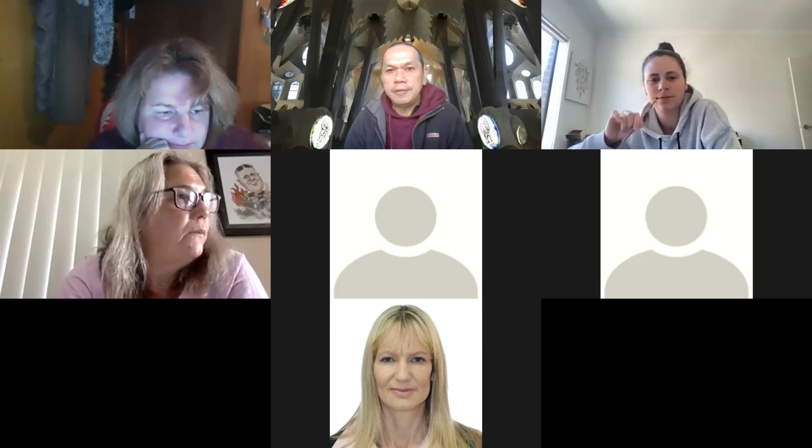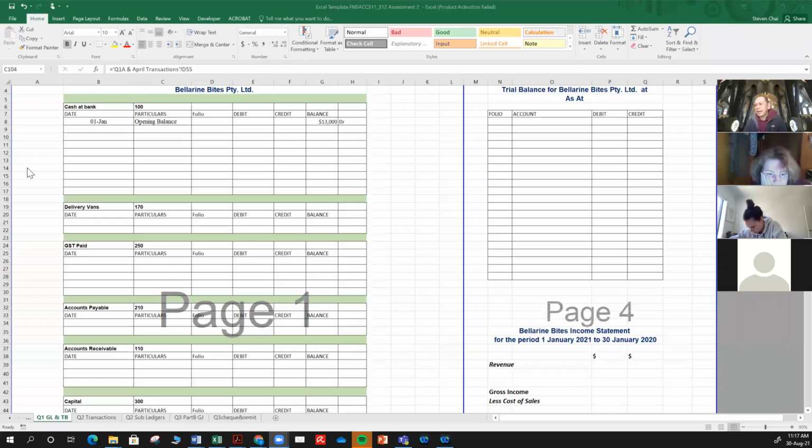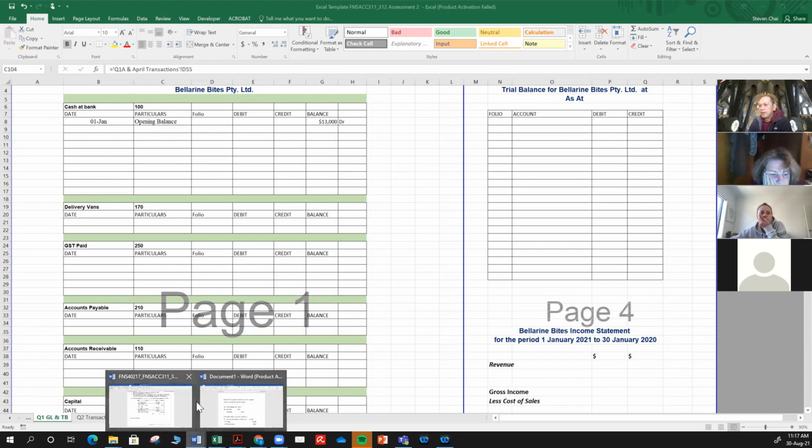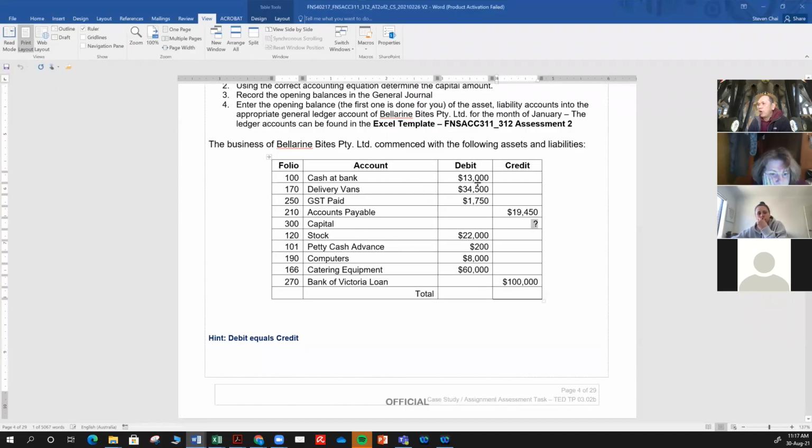Okay, guys, I'm going to start sharing screen again. All right, can you see the example here? Opening balance 13,000 is here. This is what it means. All these numbers here should be opening balances. Have you done all that already?